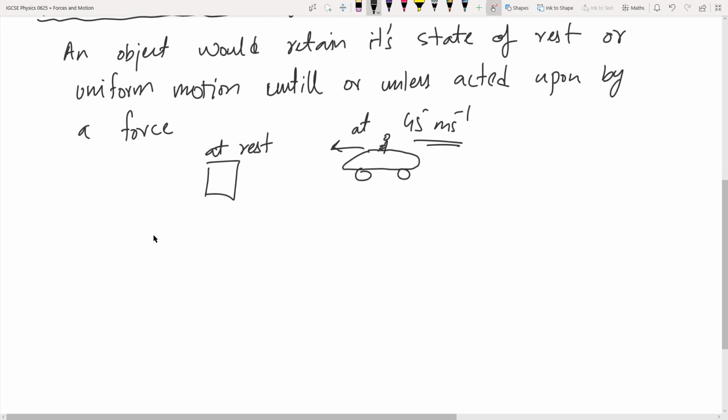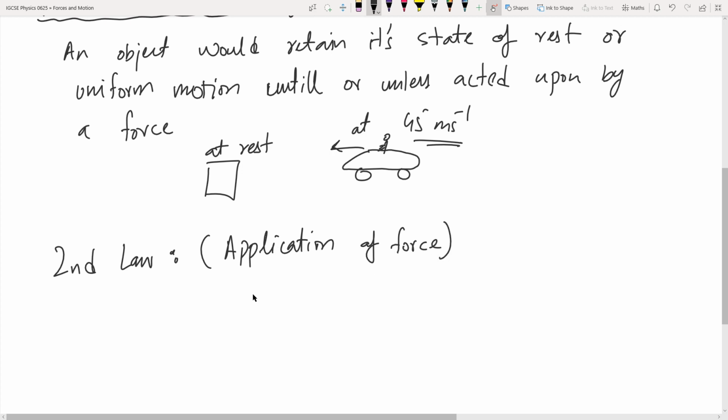Now the second law defines the application of force, right? This discusses what happens when force is applied.